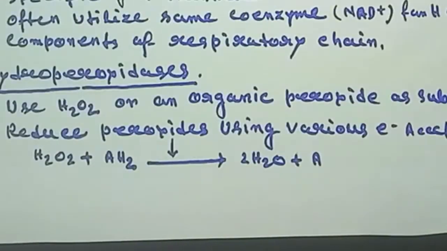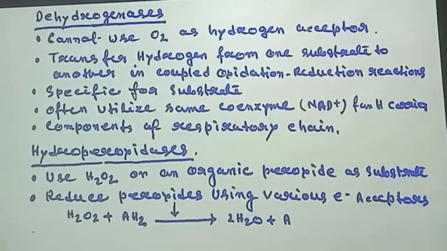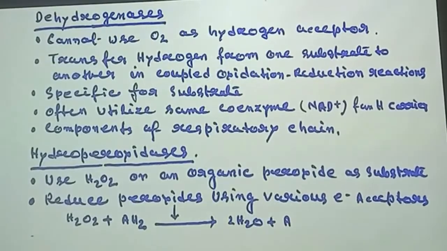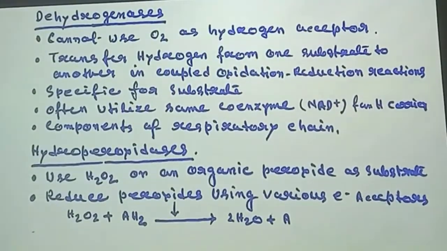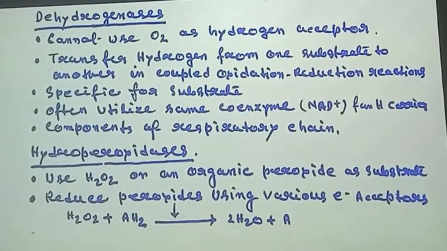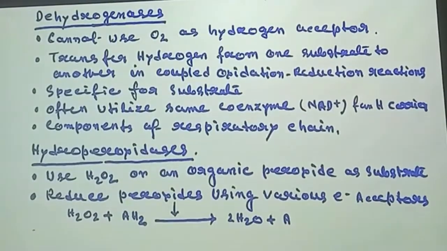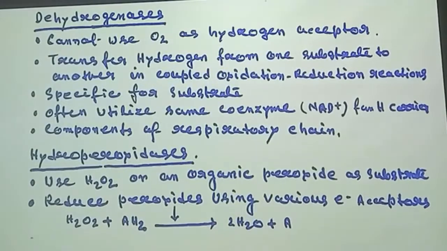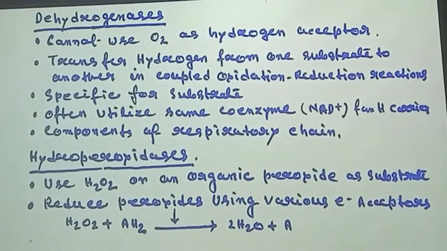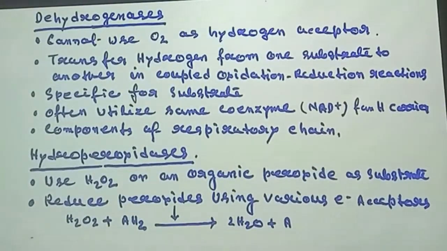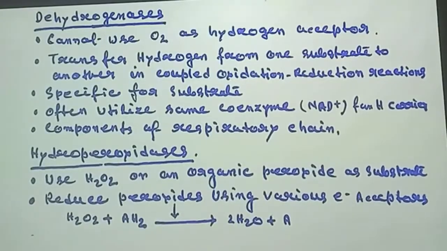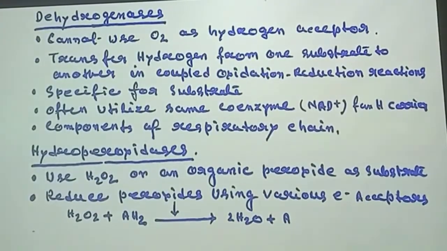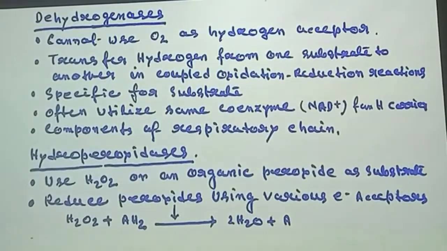Now dehydrogenases. They are the mainstay of the oxidative system, the biological oxidation system in our body. Right from glycolysis to all other chapters, you will find these dehydrogenases. These dehydrogenases give us different stores of reducing equivalents. Dehydrogenases cannot use O2 as hydrogen acceptor.